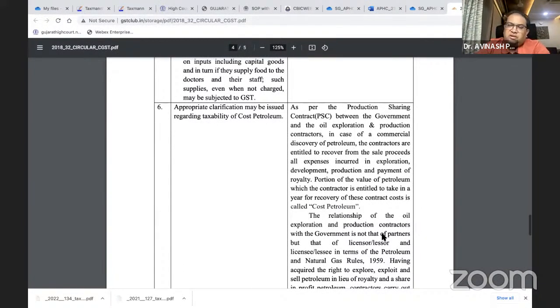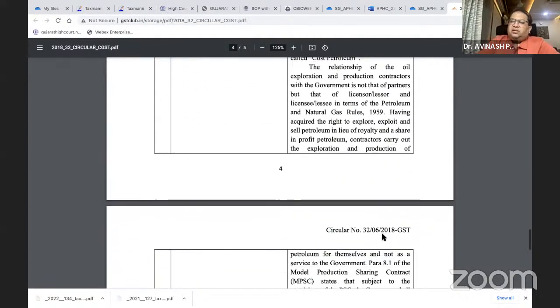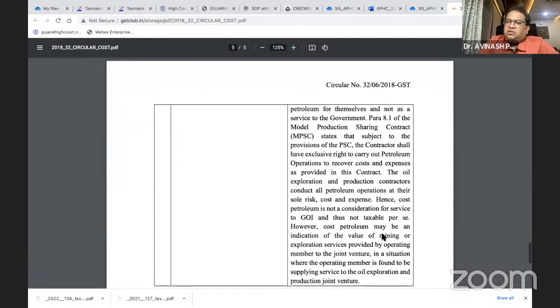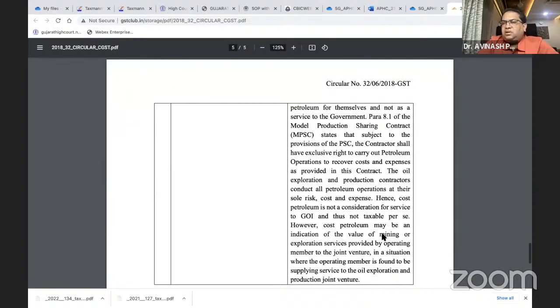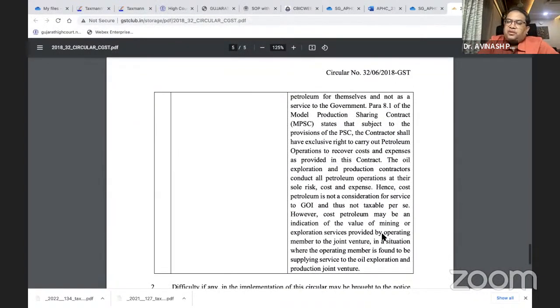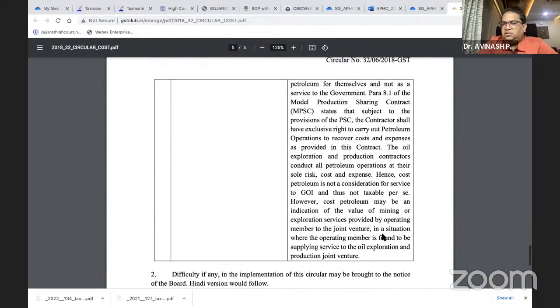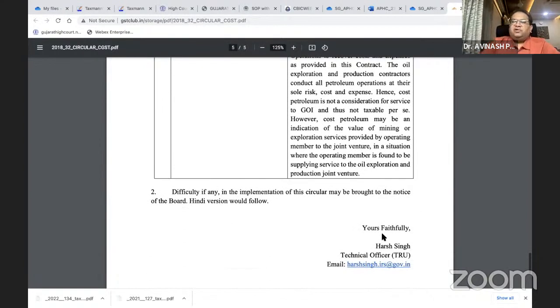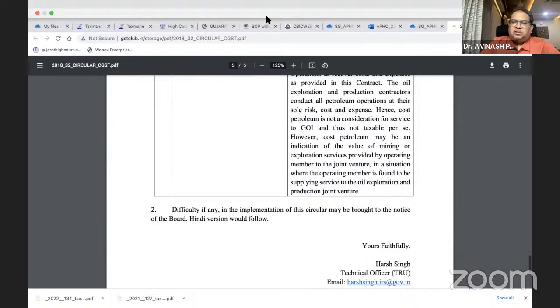So it is very clearly written here that since it is being done on their own volition, it is not a service provided by these contractors to the government of India, and therefore no GST. So this has now been clarified: GST will not be applicable in such transactions.